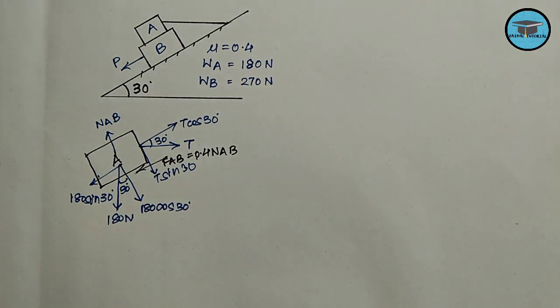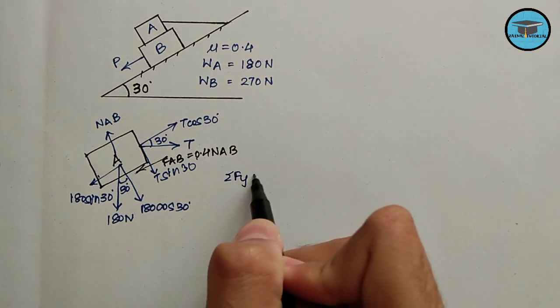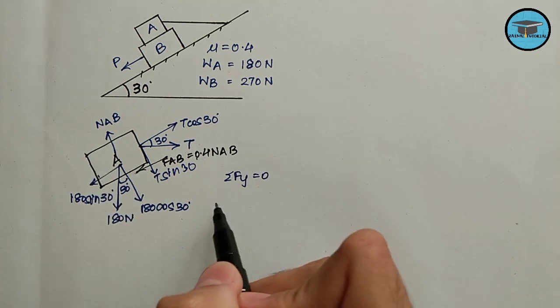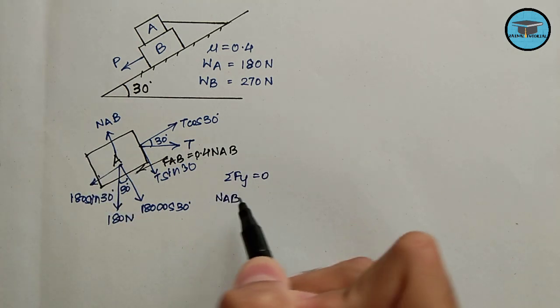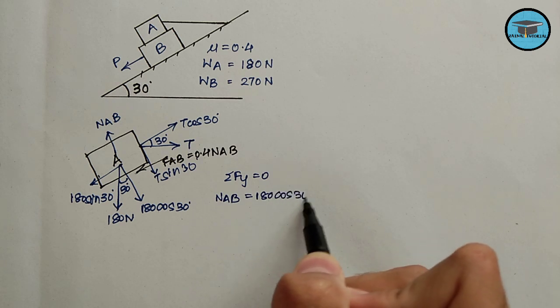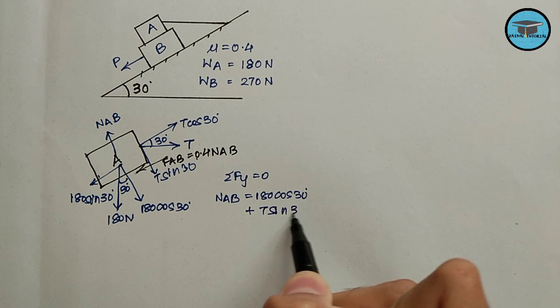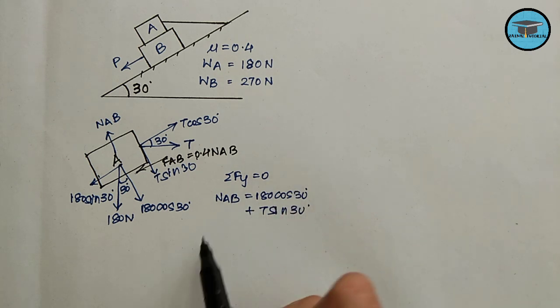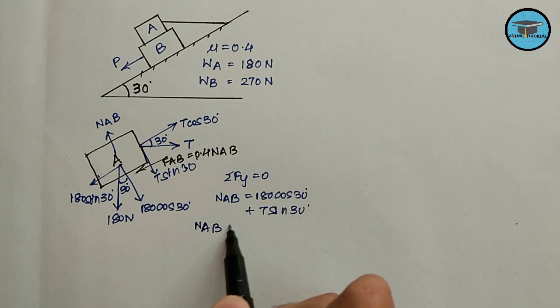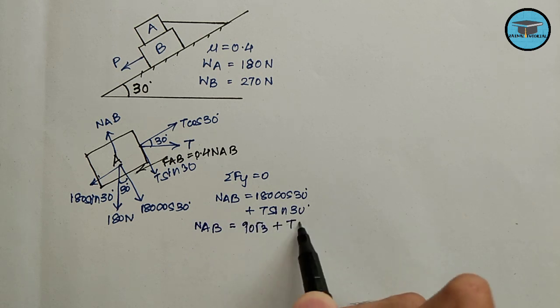Now we'll be applying the conditions of equilibrium. So sigma Fy equals to 0: NAB equals 180 cos of 30 degrees plus T sine of 30 degrees. So NAB is equal to 90 root 3 plus T by 2.